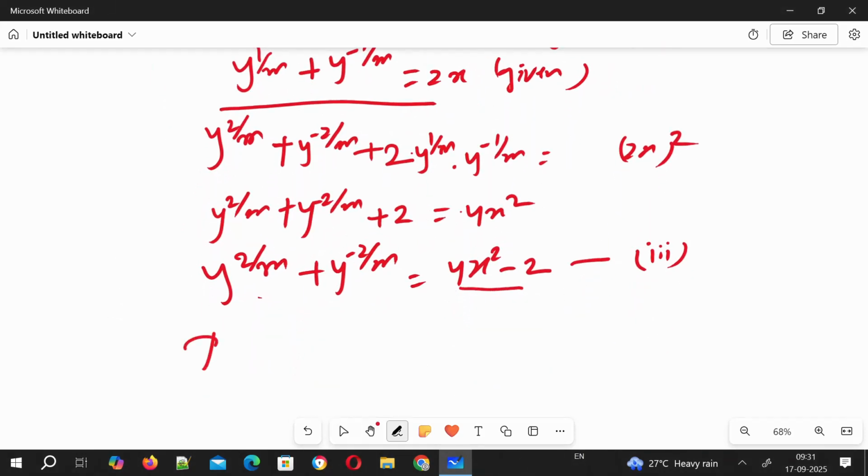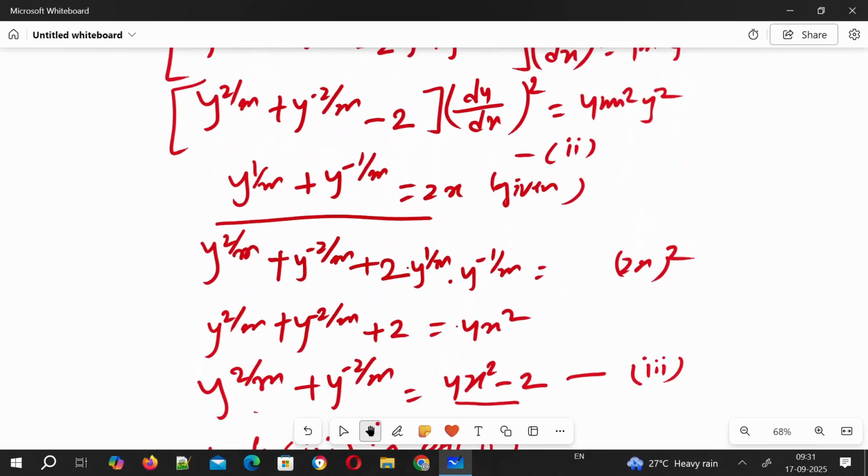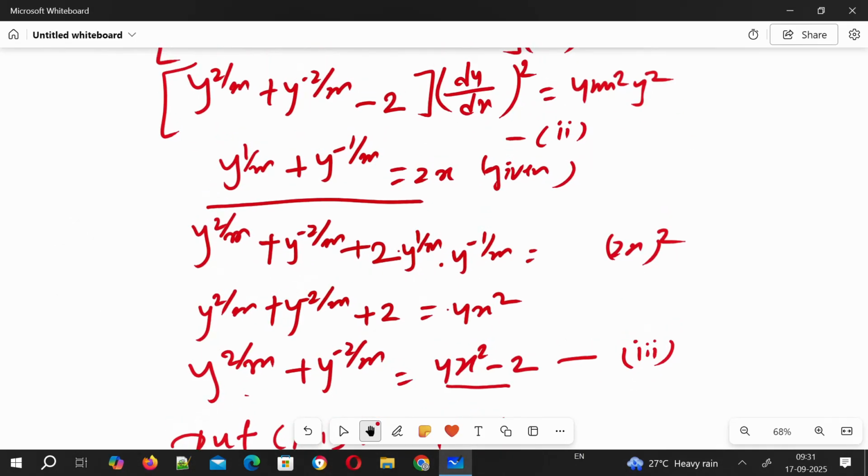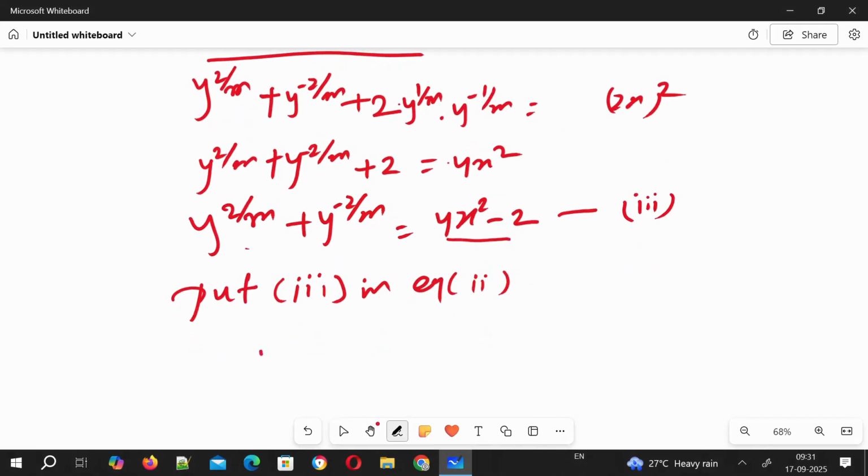So put equation 3 in equation 2. Okay, so at this place equation 2 is, y to the power, so I just need 4x square minus 2, right?